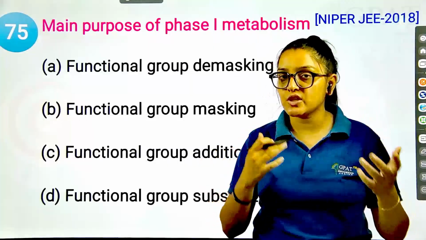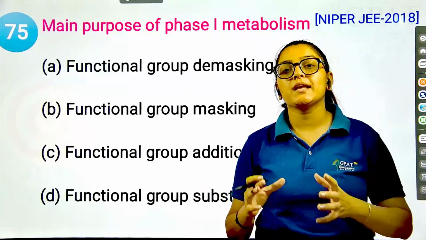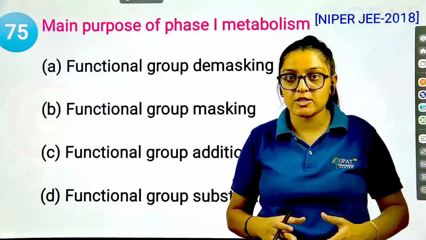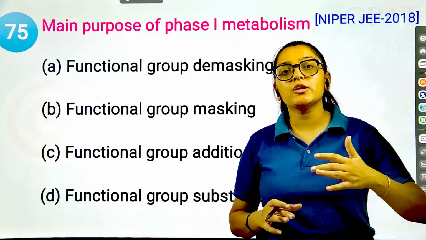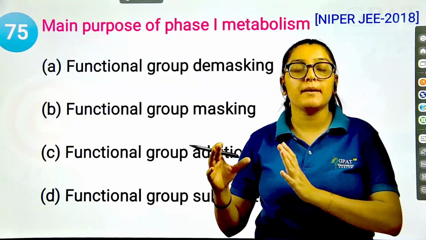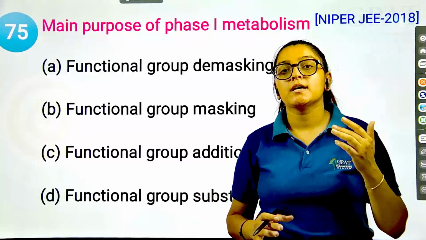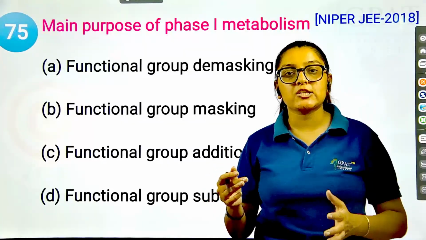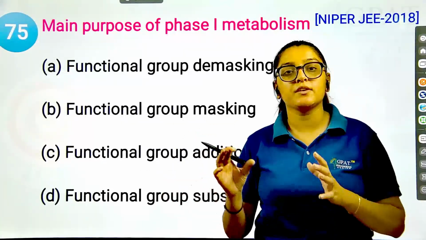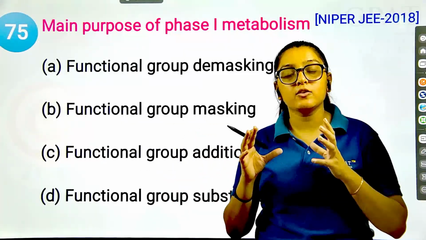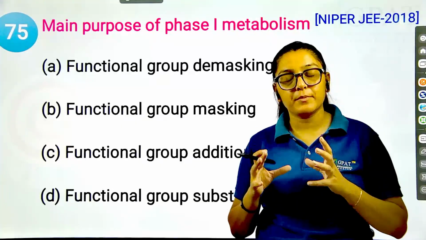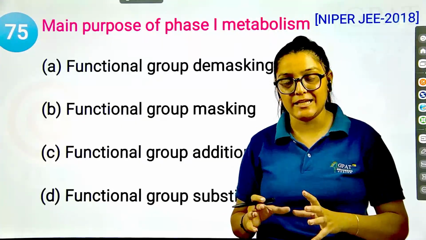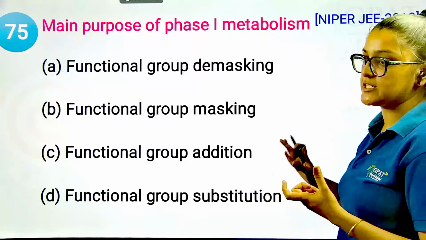Next, main purpose of the phase 1 metabolism. I have initially informed you, phase 1 is the functionalization reaction, whereby the drug molecule is converted into a polar metabolite using oxidation, reduction, hydrolysis, and so on. For the phase 2 reaction, it is the conjugation reaction where we have glutathione, glucuronidation, methylation, sulfation, acetylation, in which we have a conjugating agent as well.